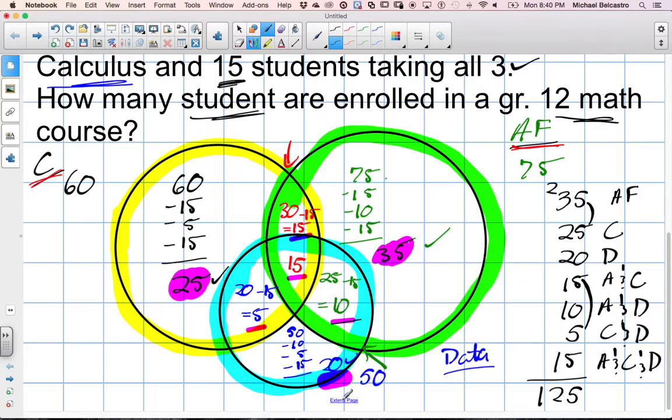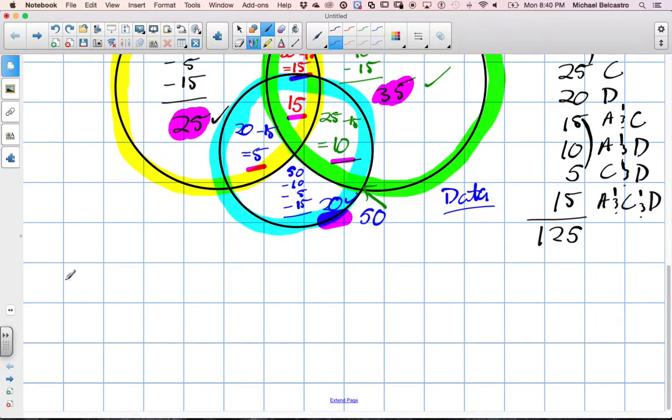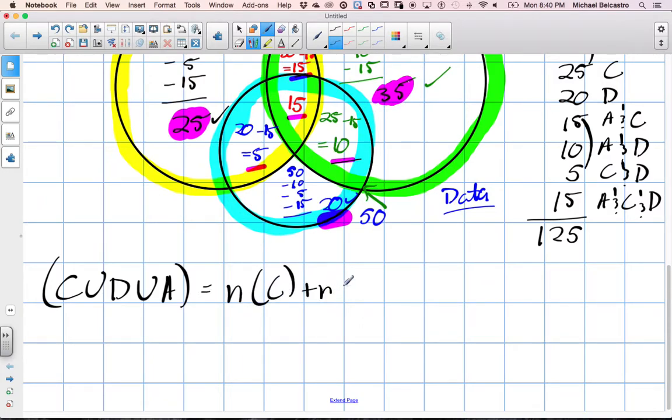We're going to use a formula to double check this. We're looking for the union of calculus with data with advanced functions. The formula is the number of students in calculus plus the number of students in data plus the number of students in advanced functions. Then we subtract, so it's a pretty long formula, I don't know if I'm going to fit it all in, but we're going to put it underneath. We'll do it in blue. Subtract the number of students in data and calculus.